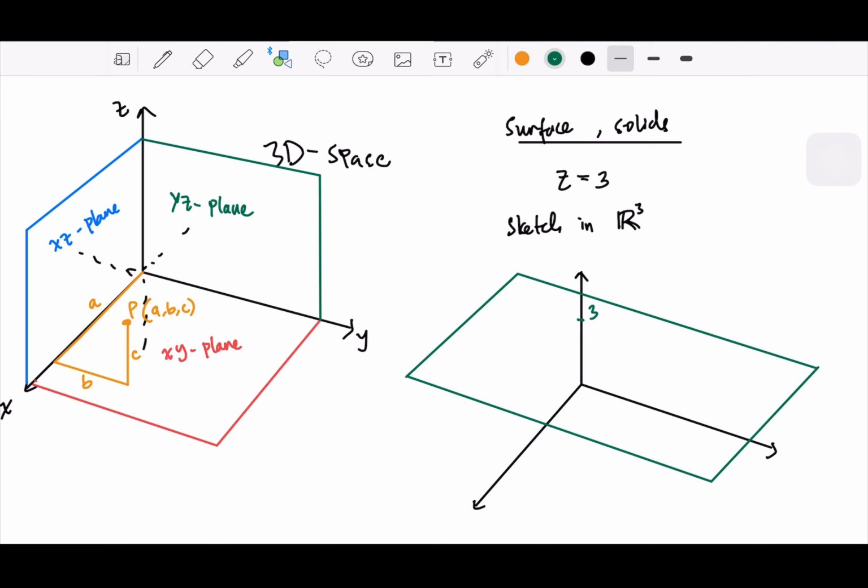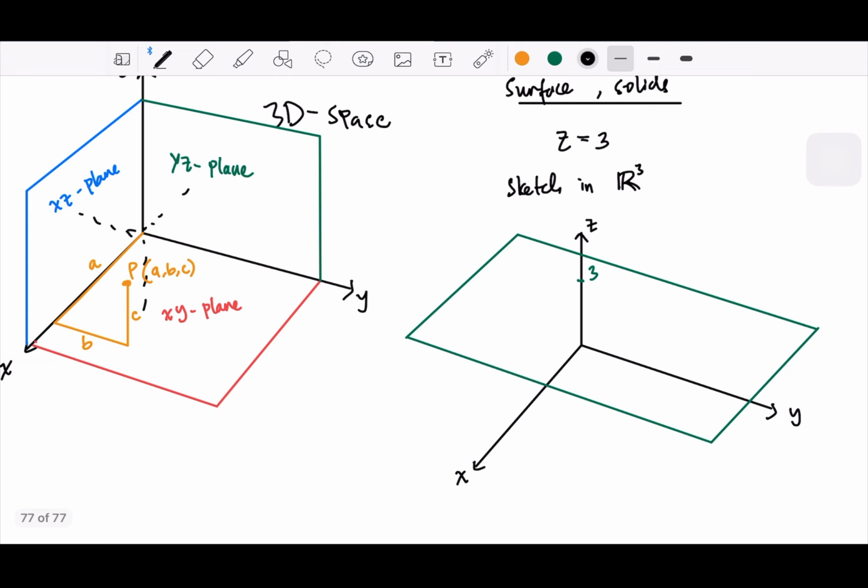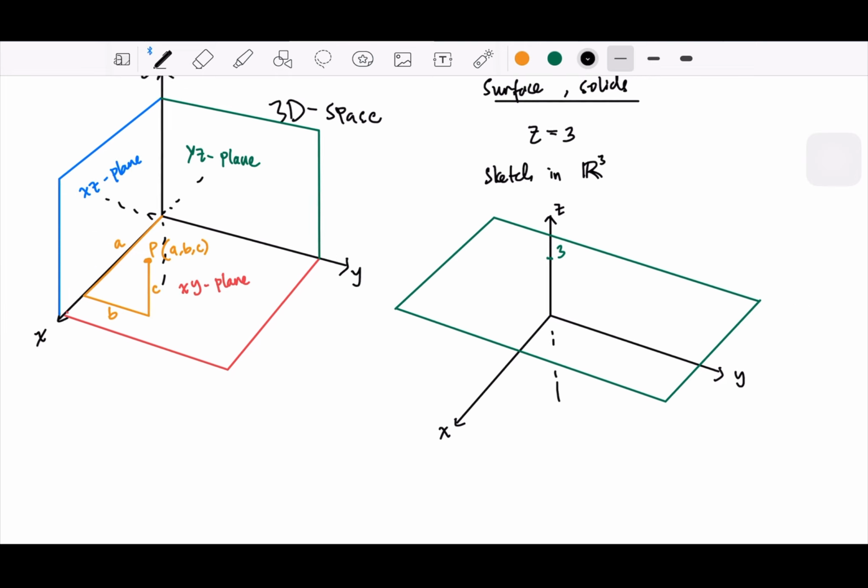So imagine this plane is cutting the number 3, the z equal 3. Z, x, and y.